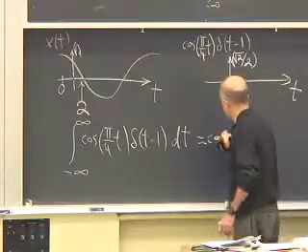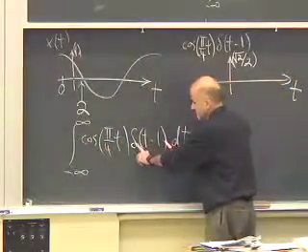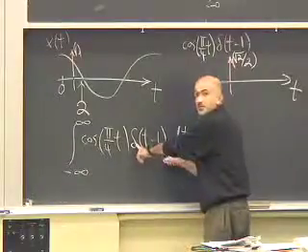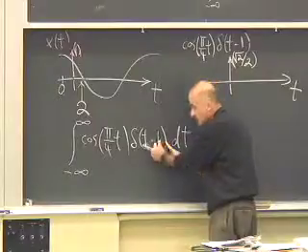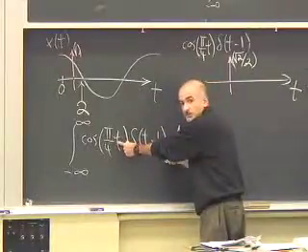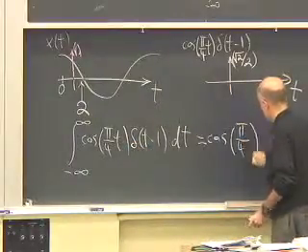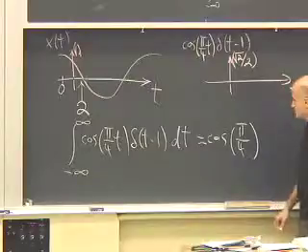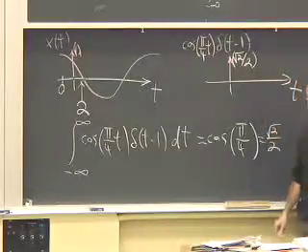Exactly. You get the value of this function where this impulse is active. This impulse is active at t equals 1. That's when the argument of the delta is 0. So you plug in t equals 1, and that's the value. And that's root 2 over 2.